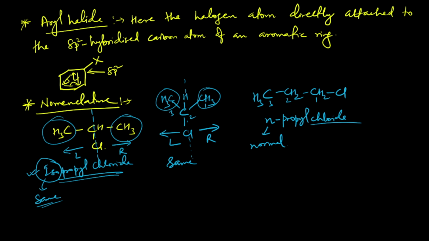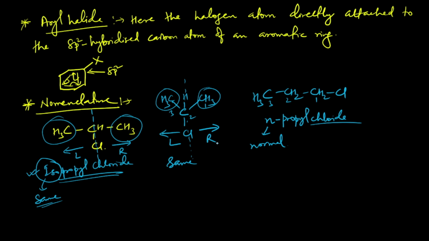In entire chemistry, we don't have any single concept which we have to memorize. Whatever name is given, whatever concept is there, it can be understood. See why it is iso: one plane is passing, both the sides same group is coming, so this is same propyl, it means isopropyl chloride. Got it? So we are using the Latin word, that's why these names are coming.